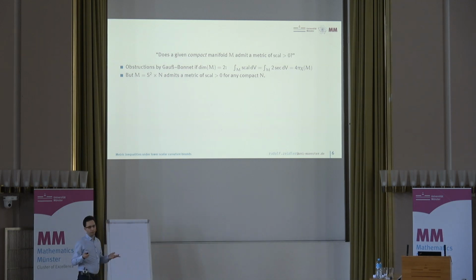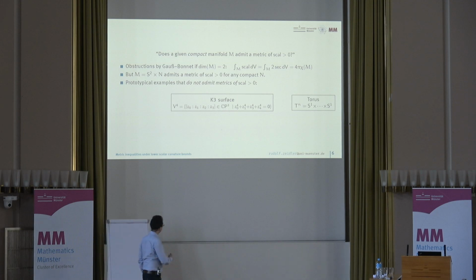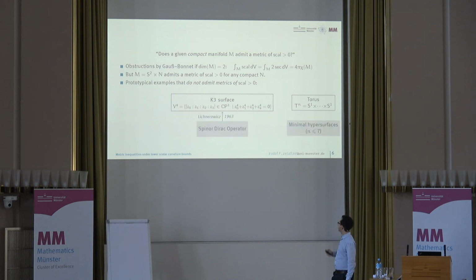So even in high dimensions, there turn out to be examples of manifolds which do not support positive scalar curvature. And the first prototypical examples that were found are the so-called K3 surface and the torus. And actually the first example found is really the K3 surface, or manifolds like that, which I'll mention in a second what the precise property is. So this actually goes back to the 1960s.